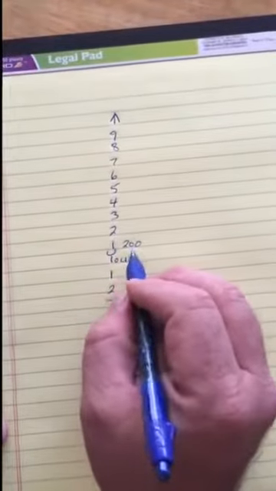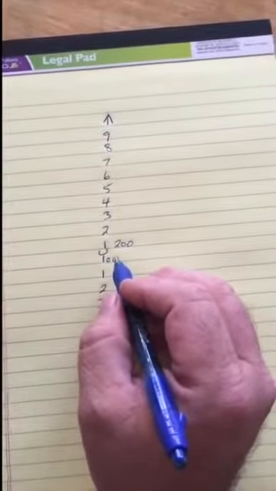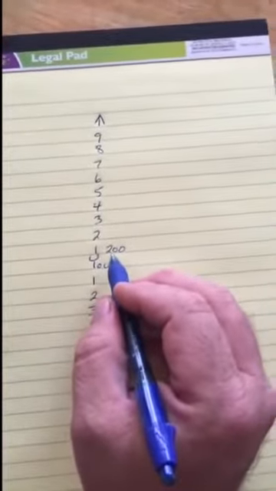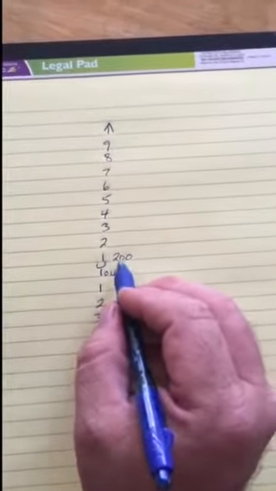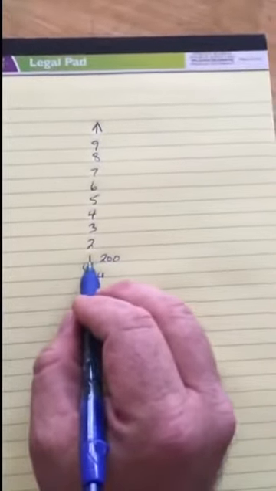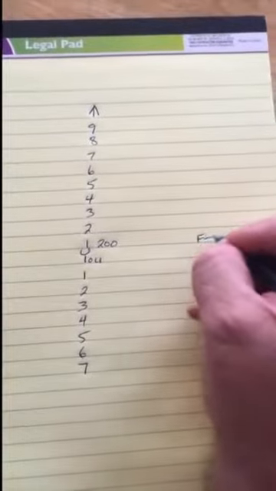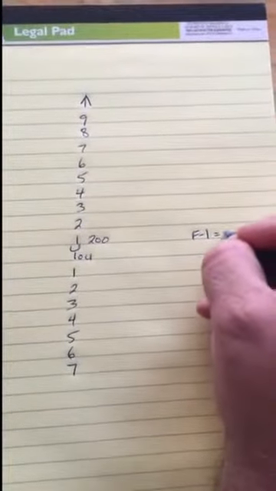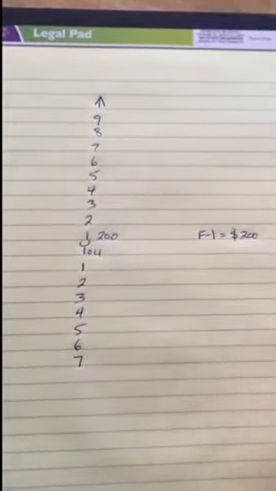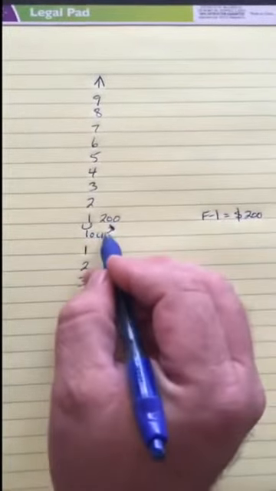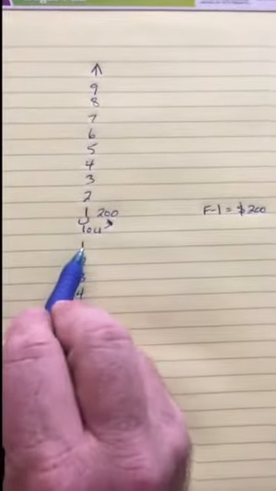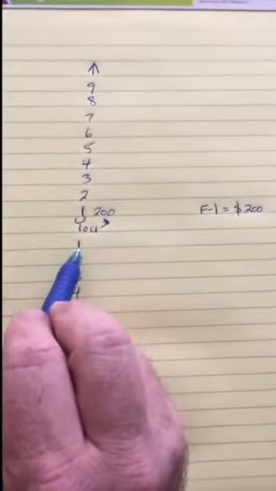Now that $200 represents a $10 step, a $40 accelerator, a $50 step, and a $100 step, for a total of $200 for the first floor. So over here, we're going to put floor 1 equals a total of $200 that you're going to pay forward. Now, by you paying that $200 forward to the person 1 step above you, that entitles you to receive on your first step below you.